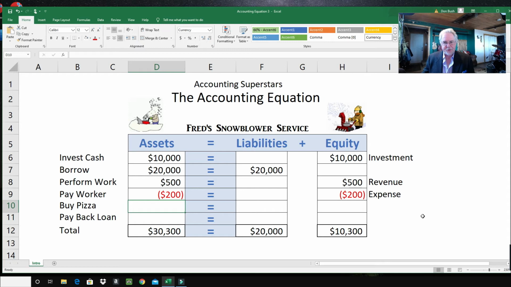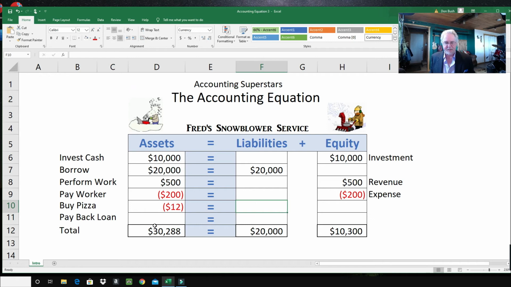The next transaction, Fred's getting a little hungry, it's lunchtime, and so he decides to go down to the local pizza place and buy some pizza. So Fred pays $12 for that pizza. So I have to put it as a minus sign here. It's a minus 12. Fred is using up his assets. Now Fred doesn't owe anybody this money, this $12.